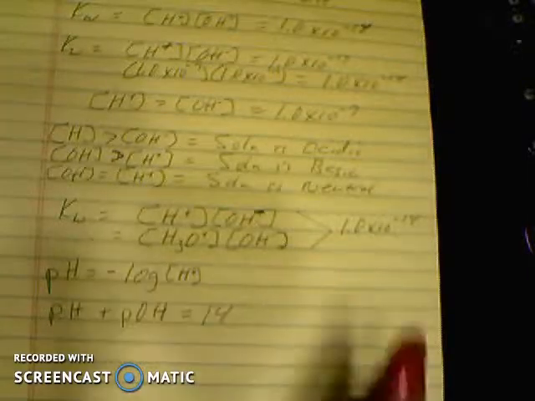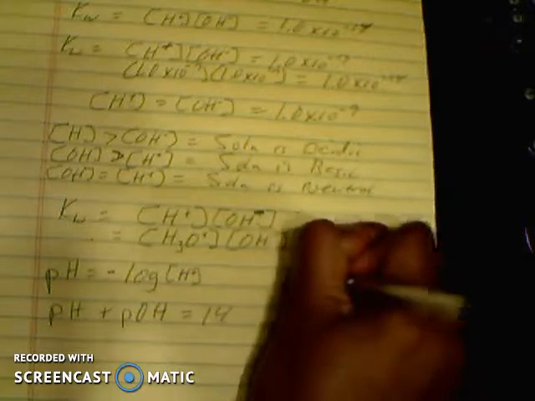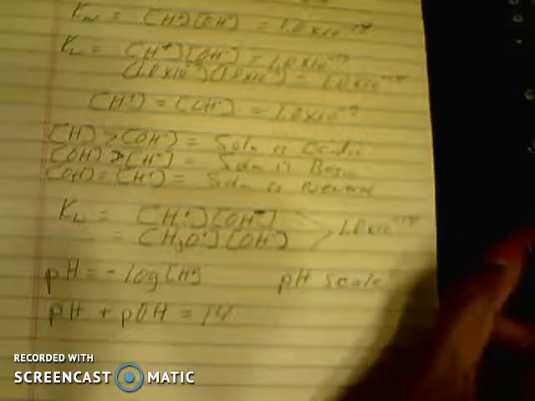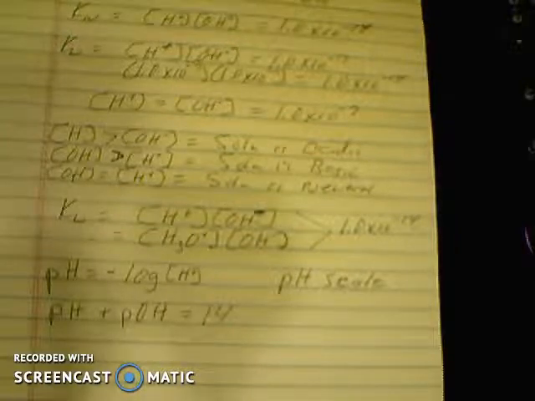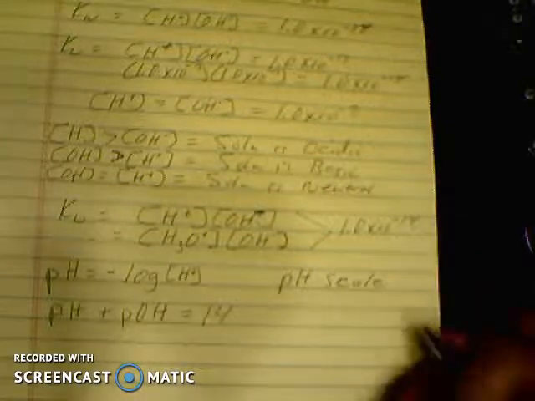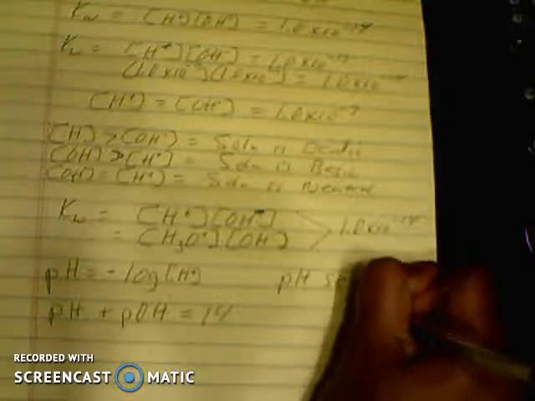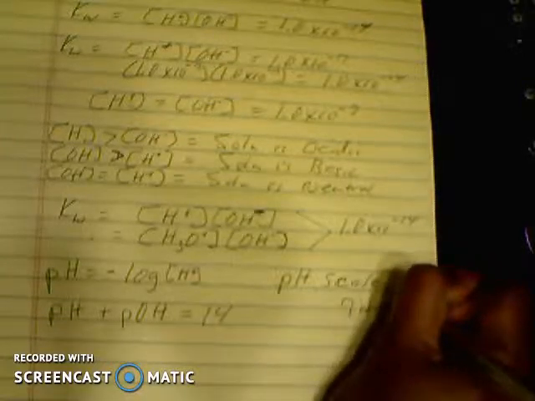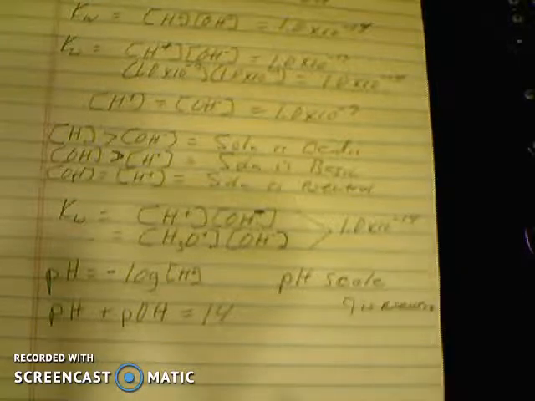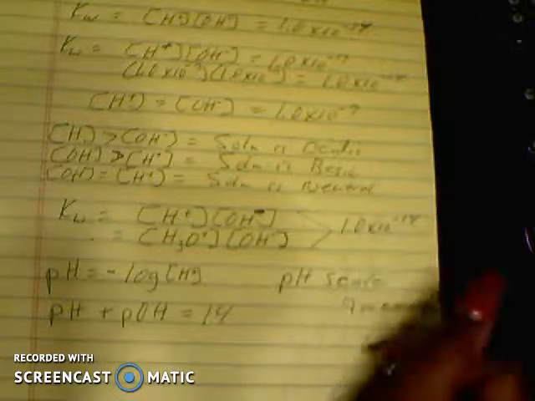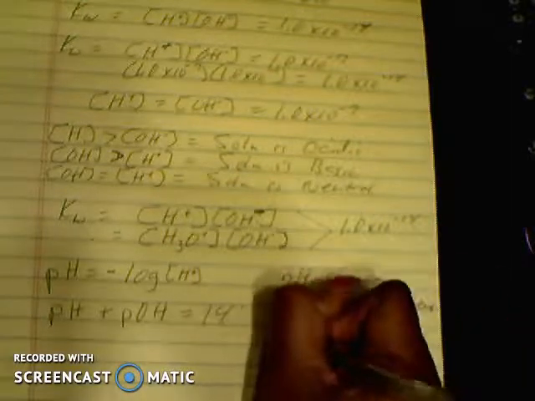All right? Now, there is something called a pH scale. On the pH scale, 7 is neutral. Anything less than 7 is acidic.